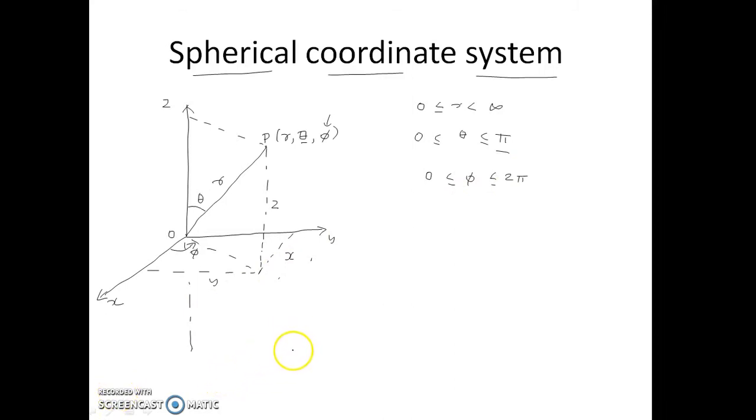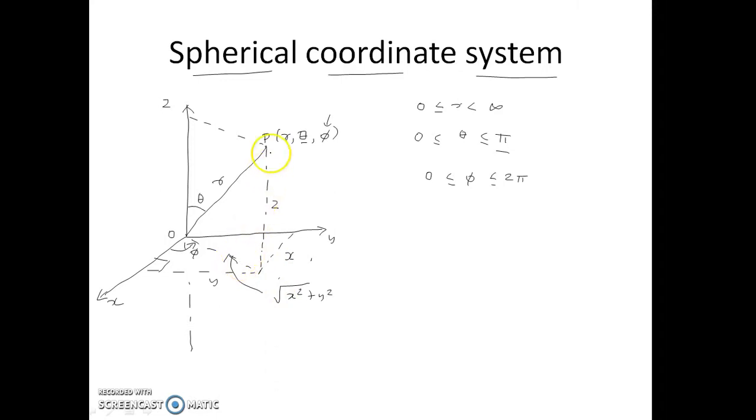Now let us see how to convert from rectangular to spherical coordinates, that is from xyz to r, theta, phi. Here we can see that this is square root of x square plus y square, because this is a right angle triangle.